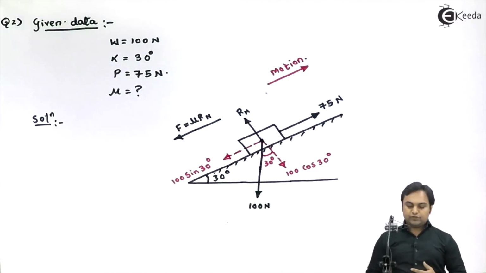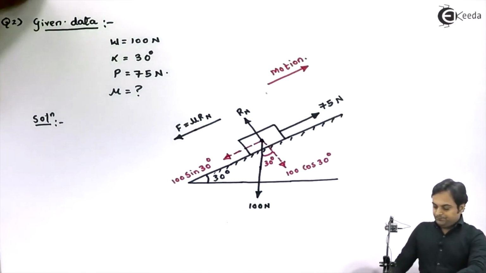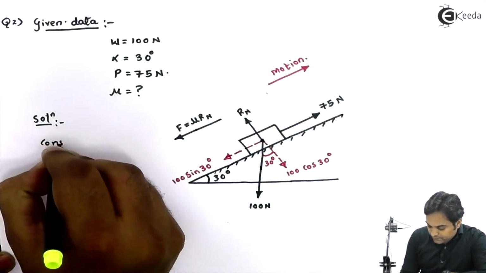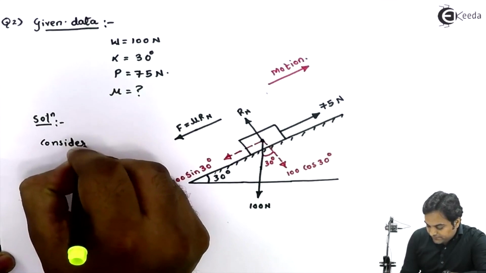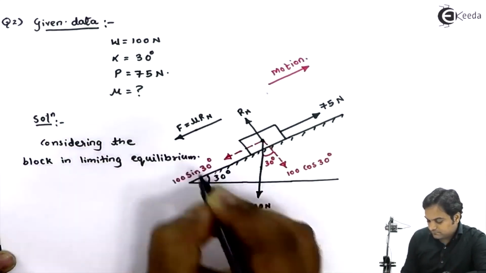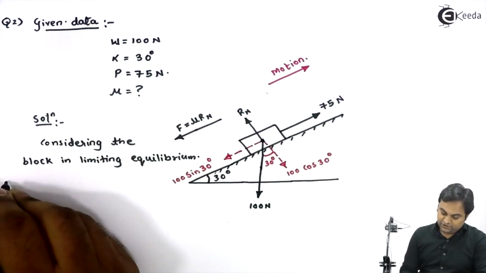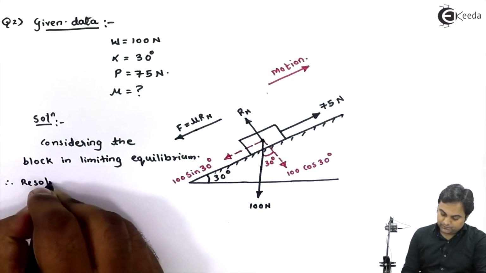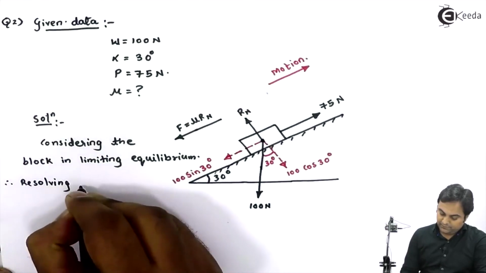Okay, so first of all I'll say that considering the block in limiting equilibrium. The first condition is resolving forces parallel to the plane.